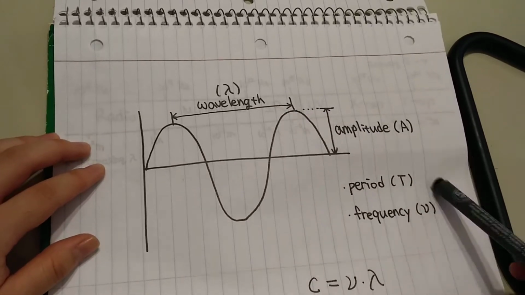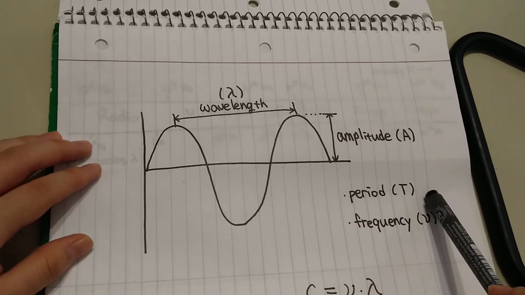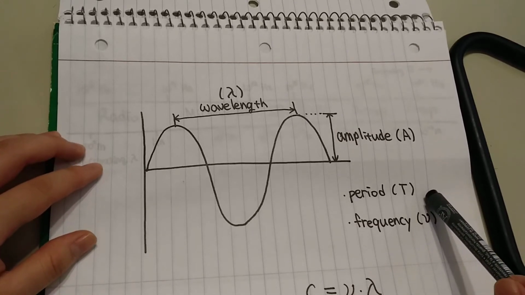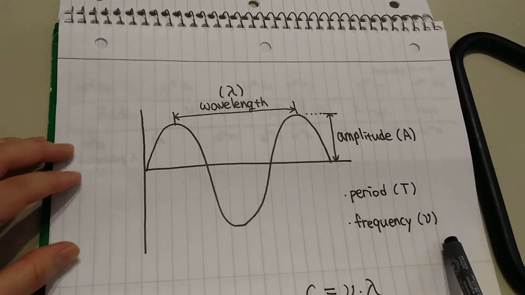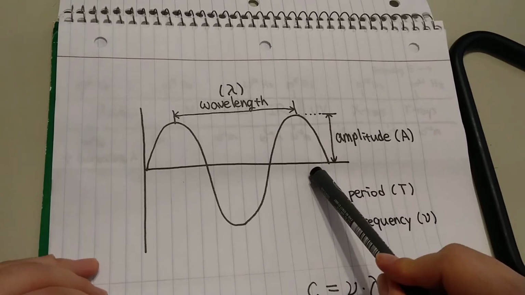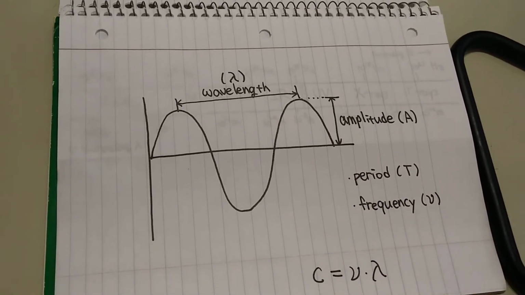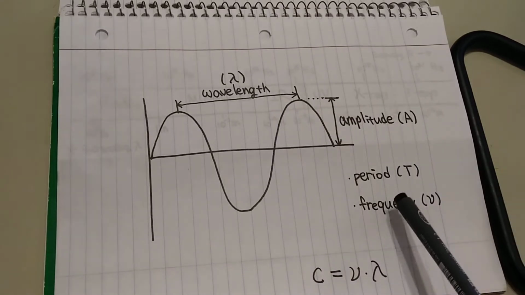And the time required for an entire cycle is period, and frequency is the number of waves that pass some point per unit time. So in the rest of the session, we will talk about wavelength and frequency a lot.